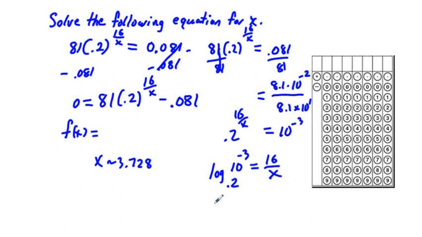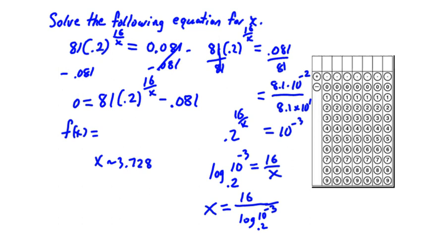So x is going to be equal to 16 over log base 0.2 of 10 to the -3 power. And you're going to get the same answer that way. We'll just use the change of base formula.